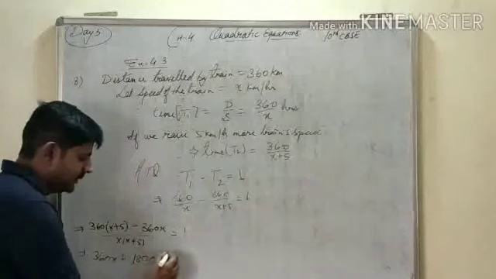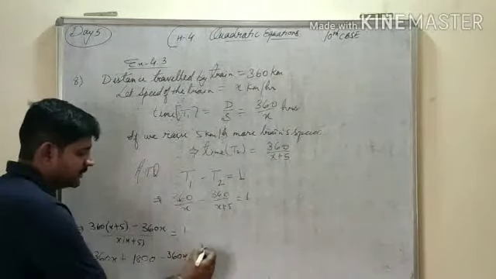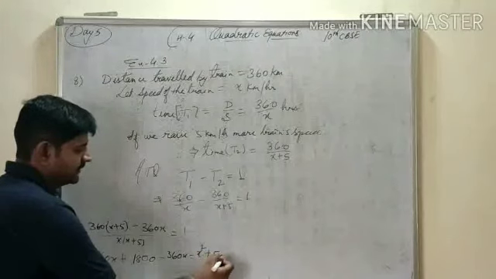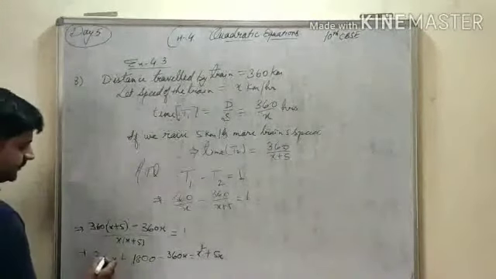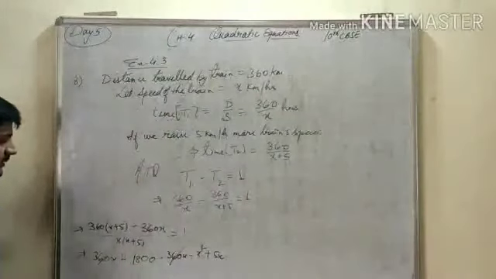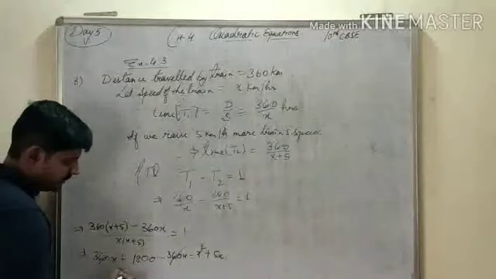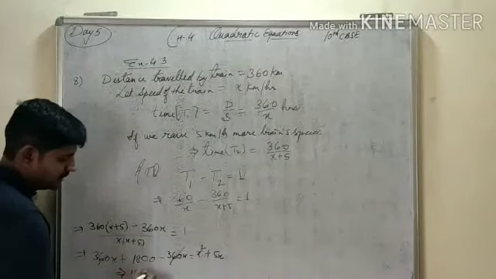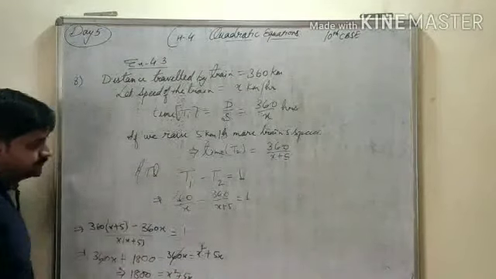This is negative 360x and this will be multiplied, so x square plus 5x is left. The 360x and 360x will cancel, and there is 1800 equals x square plus 5x.